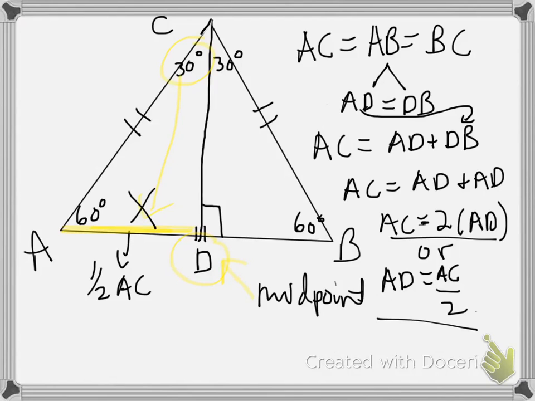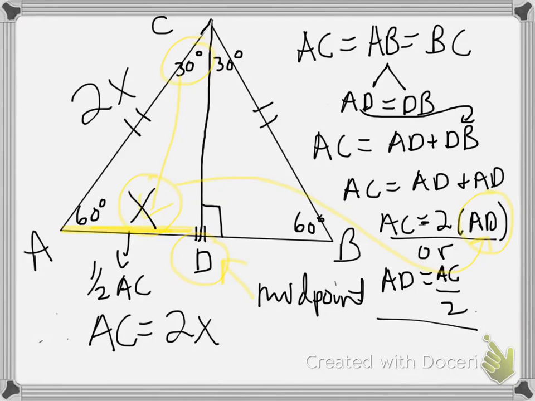Then the hypotenuse has the length... Well, we said if you know that AD is X, we can take this X and plug it in here. So AC equals 2X. That's our conjecture, and we're going to go test it out. So that's the end of investigation 2.